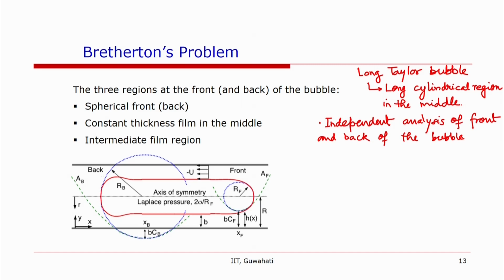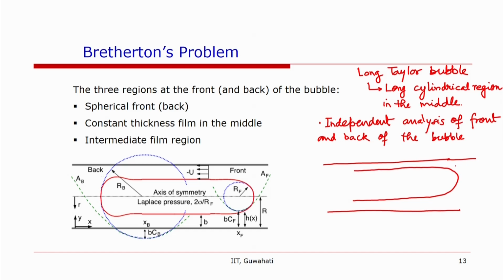Now, he considered the front. So, for convenience, we will analyze the front part and then use the result for the analysis of the back part. If we consider the front of the bubble, we will look at three regions. One is in the front, which is spherical.